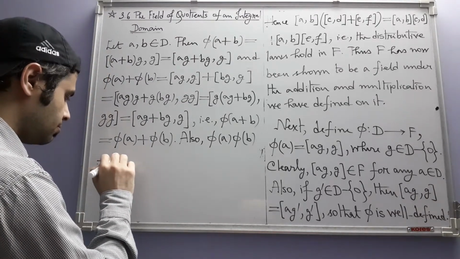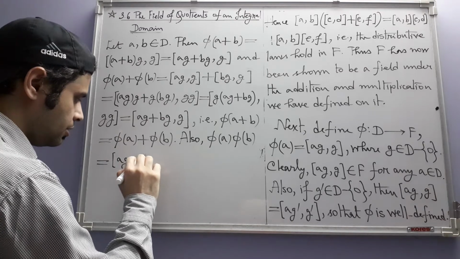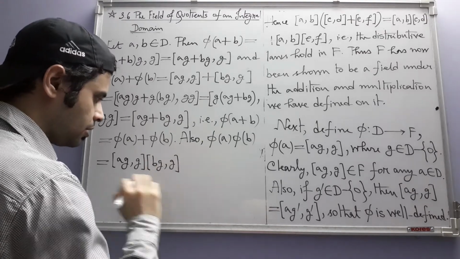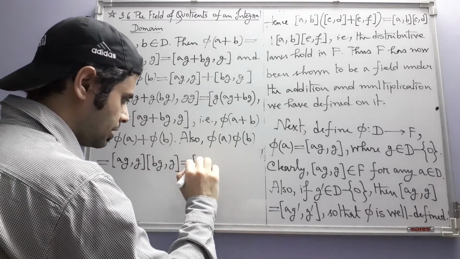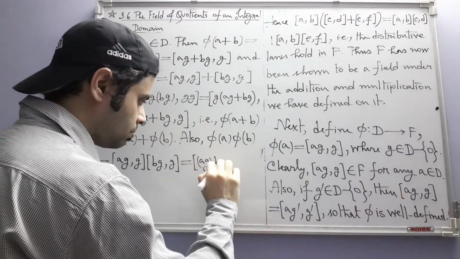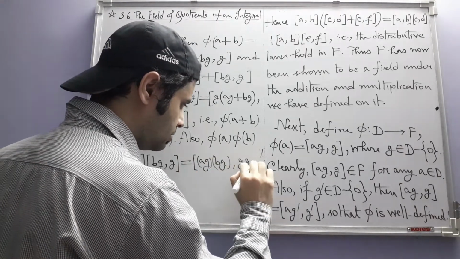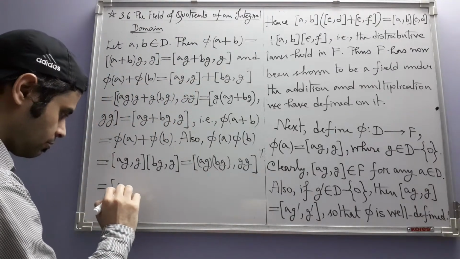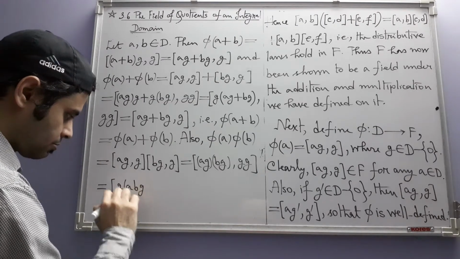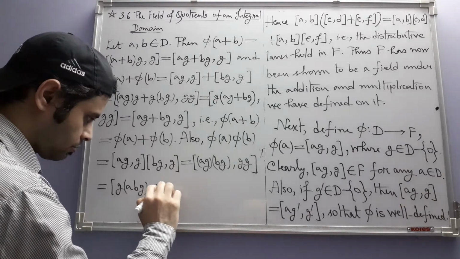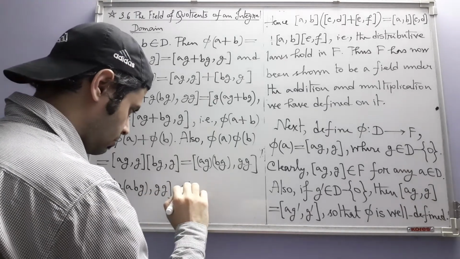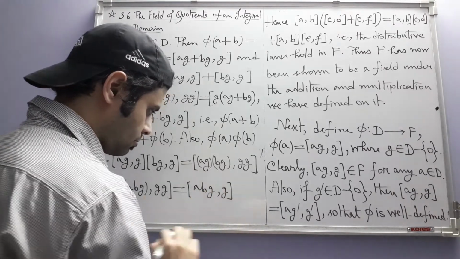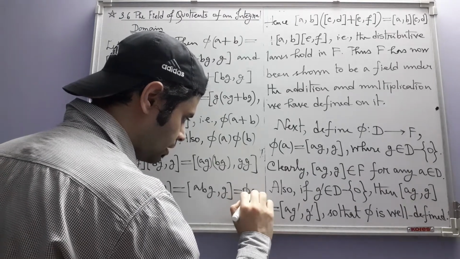So this is equal to (AG, G) times (BG, G), and this gives us (AG BG, GG). And this is nothing but phi of AB.